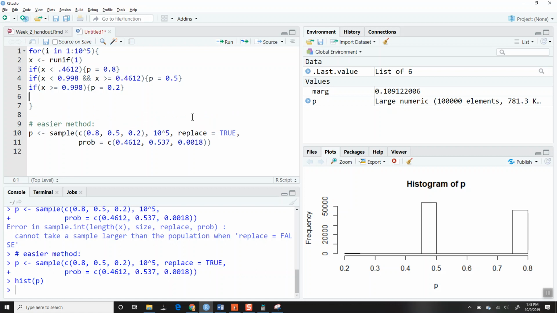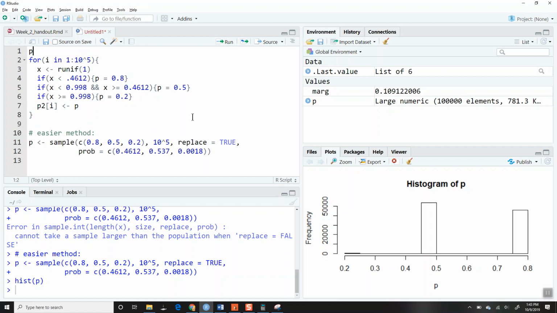And then I guess we would have, I'll call this P2 sub i, we'll just throw in P. Right, I think this will work. Do you need to define P2? Oh, I do need to define P2, yeah. We'll just call this numeric 10 to the 5.